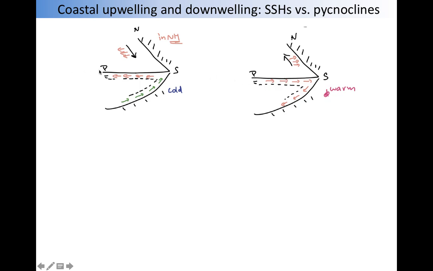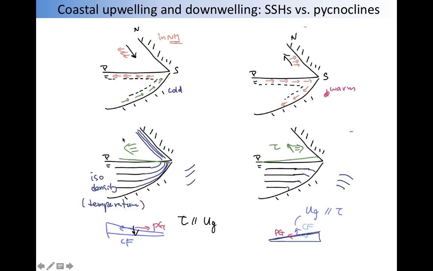And I'd like to look at what the sea surface height and thermocline look like in each case. If you have upwelling, let's say you have a flat iso-density or iso-temperature line, and when it has upwelling, that flat line is going to be raised up, right?